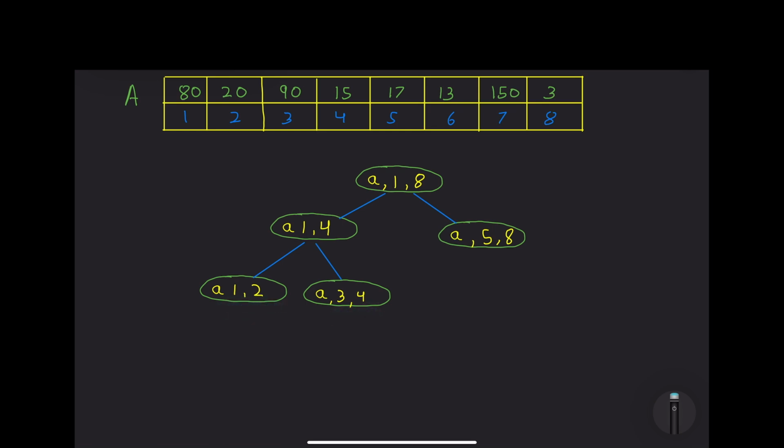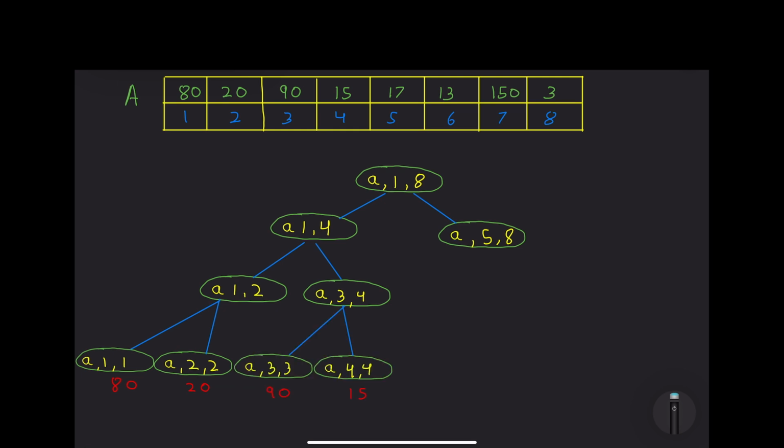In the left, we will again divide the array. So here we only have two elements, and on division we will get a single element. And a single element is a small problem because it's already sorted. So we will get index 1 in the left and index 2 in the right. Now 3, 4 can also be divided into two parts, 3 and 4.